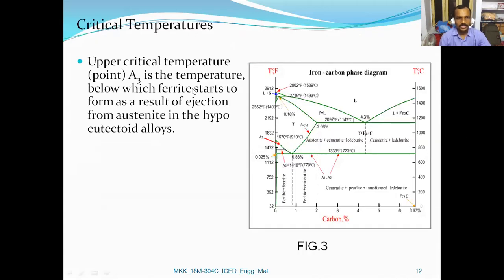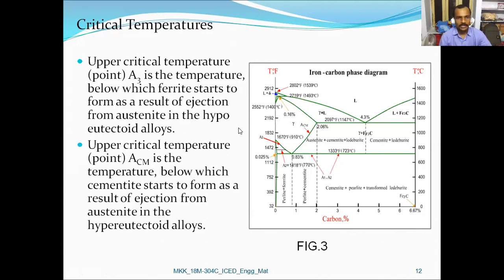Let us start with the UCT, the upper critical temperature point, known as A3, which is the temperature where ferrite starts to form as a result of rejection from austenite in the hypoeutectoid steels. We are able to see A3 here, 1670 degrees Fahrenheit, 910 degrees centigrade, where ferrite starts to form as a result of rejection from austenite in hypoeutectoid steels or alloys.